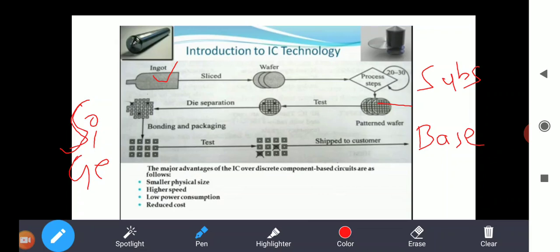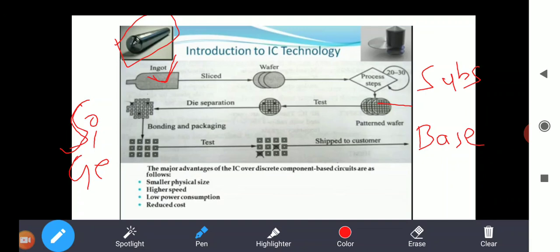Okay, this silicon is formed through the ingot process. If you see here, ingot means single crystal silicon, we call it single crystal silicon, and this is fabricated using the ingot process. The single crystal silicon structure is like this.